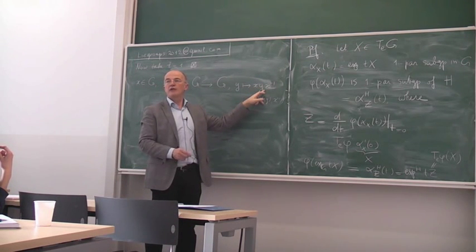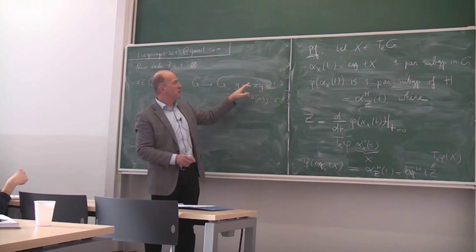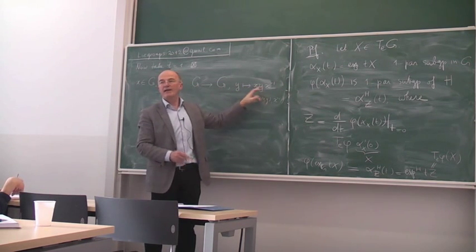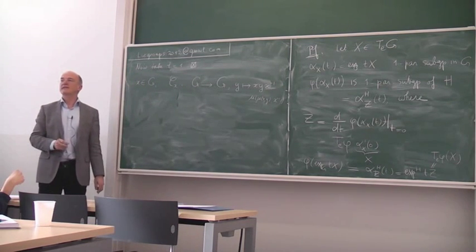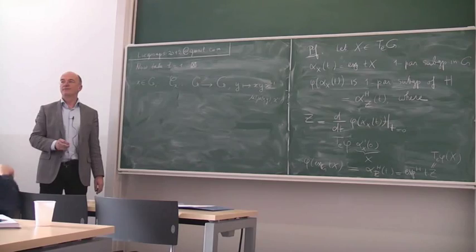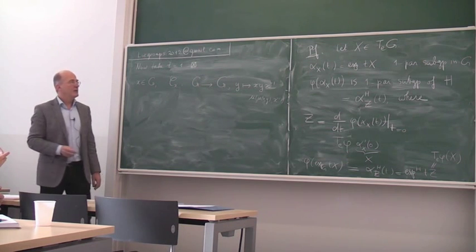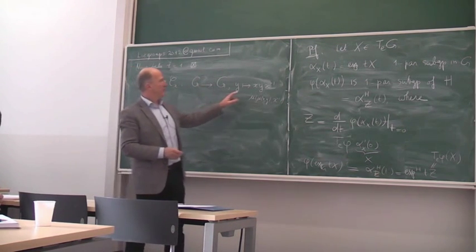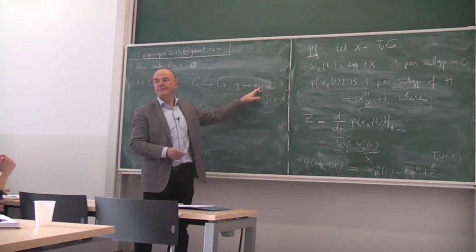And what we are going to do now is we are going to take the derivatives both with respect to x and with respect to y. So we are going to linearize both in x and in y, and this will produce the Lie algebra structure on the tangent space and the identity element. Now, linearization means taking tangent maps. And we're going to do this in a particular order. The first variable that we are going to deal with is the variable y.